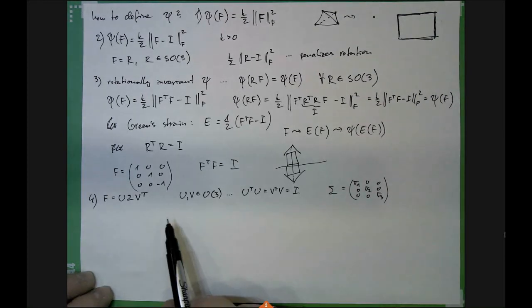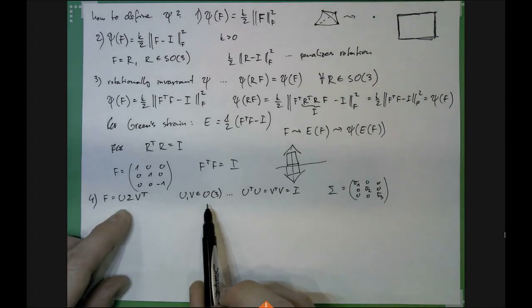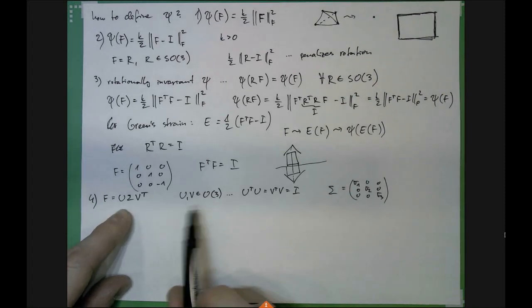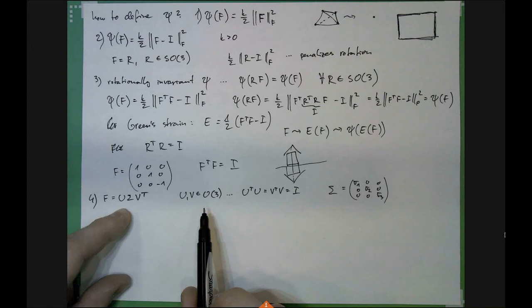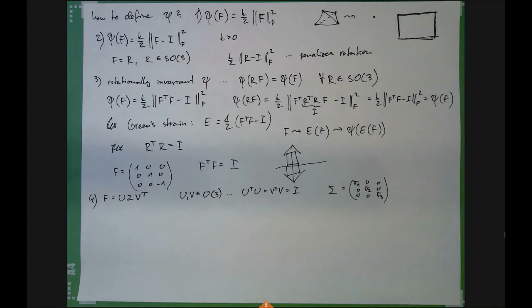Now, these don't have to be rotations. Actually, first of all, how can we detect that the element is inverted, even before doing the SVD?